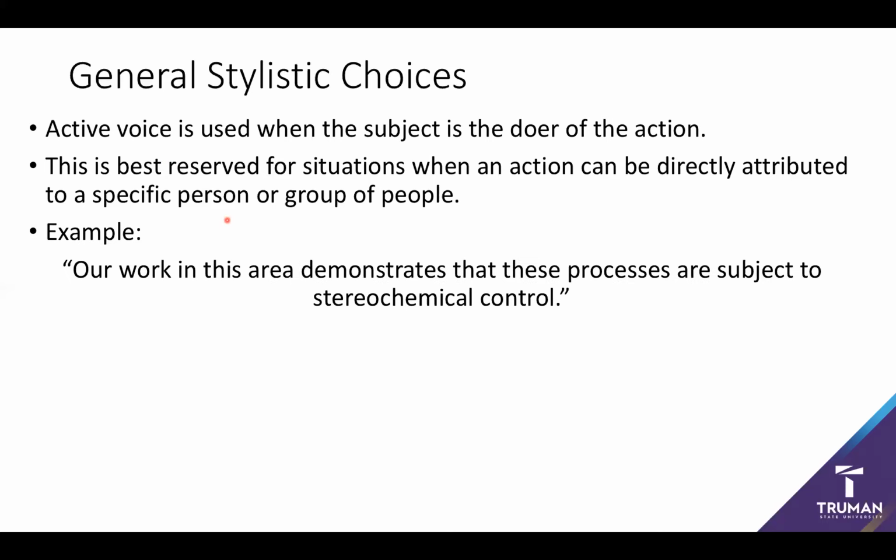Another common example is when you have something that you want to emphasize was your work and not somebody else's. And this can often be found in, say, the conclusions or the end of the discussions where you're trying to summarize what you found in this work.